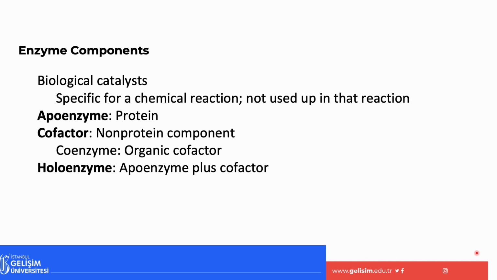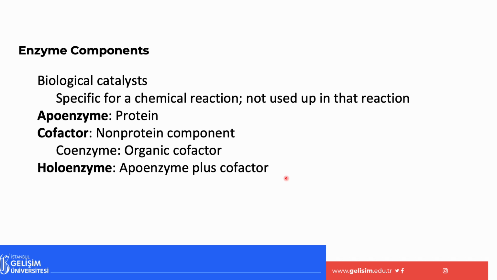So an enzyme is typically made up of a protein component called an apoenzyme. Okay, and it also is made up of a non-protein called a cofactor. So again, enzymes are made up of two parts, an apoenzyme as well as a non-protein part called a cofactor.